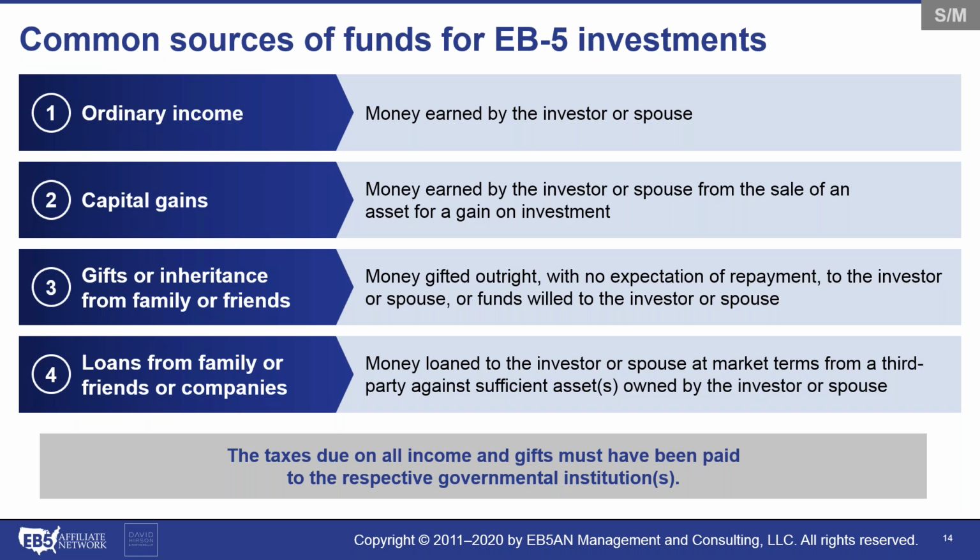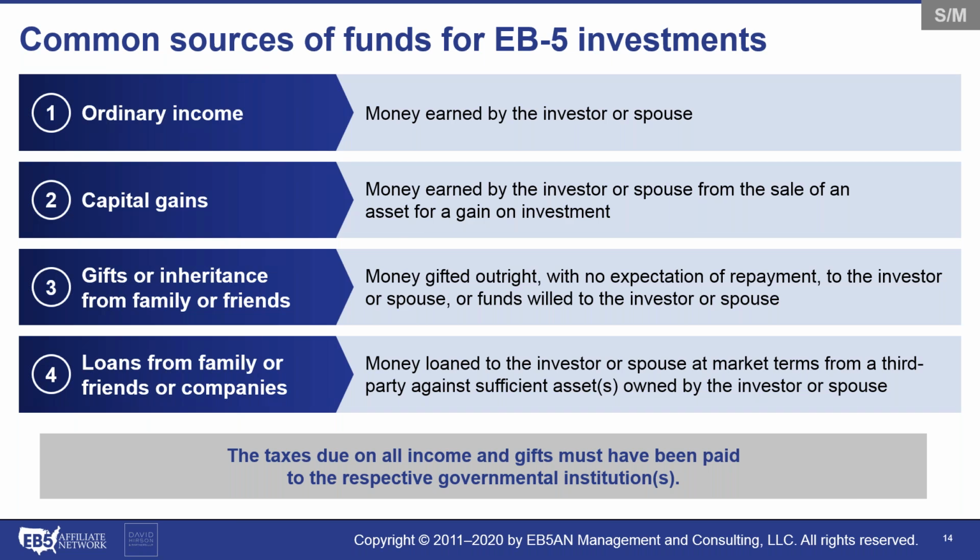The key is that you have to document and be able to provide all of the paperwork to illustrate how you obtained at least the 900,000 or 1.8 million, depending on the project. You have to be able to document how you obtained those funds legally. You don't have to document anything above that or anything other than that.